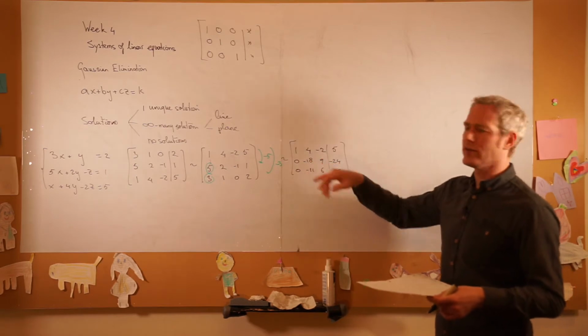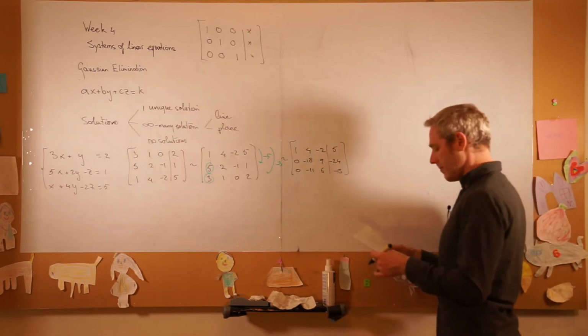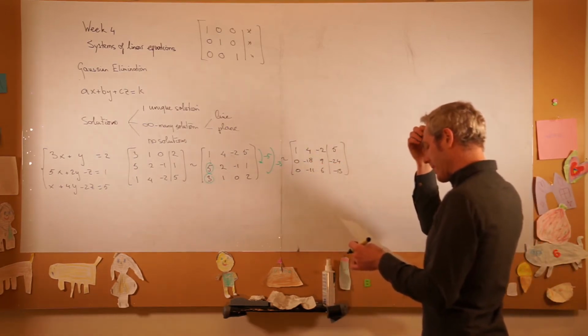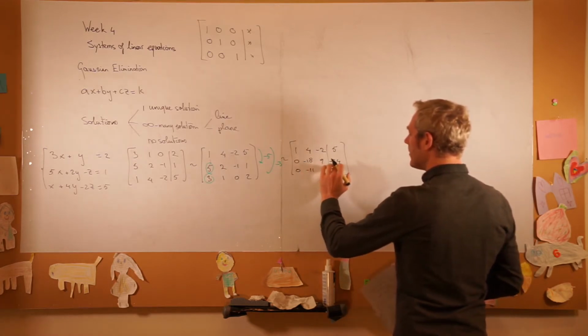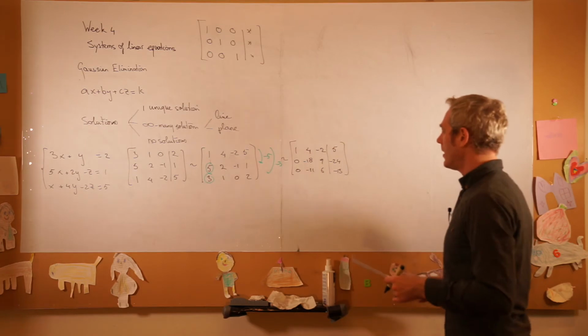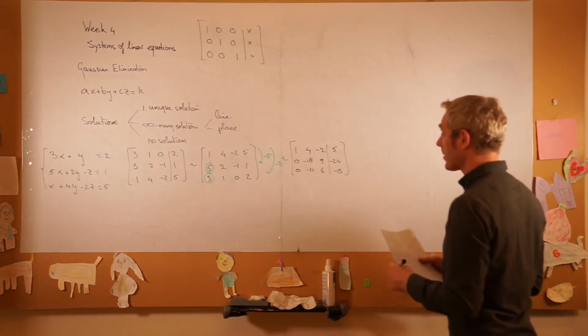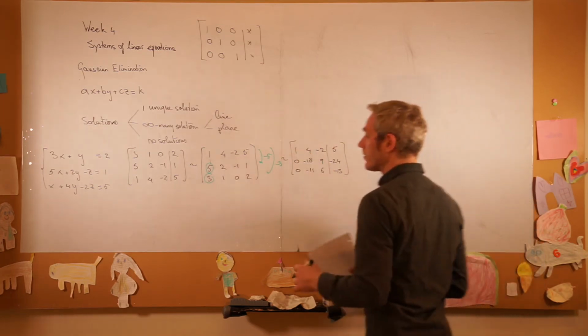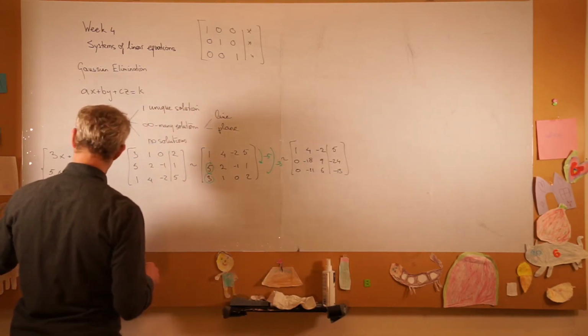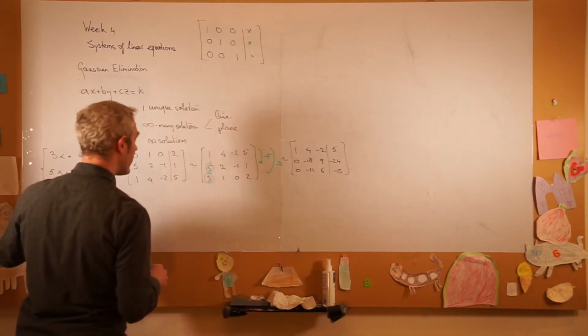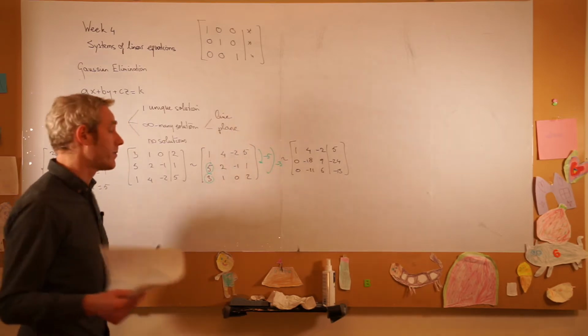So I could divide by minus 18, but I see these are all multiples of 3. So I'm going to turn the second row into something else. I have 1, 4, minus 2, 5, the first row which remains unchanged.